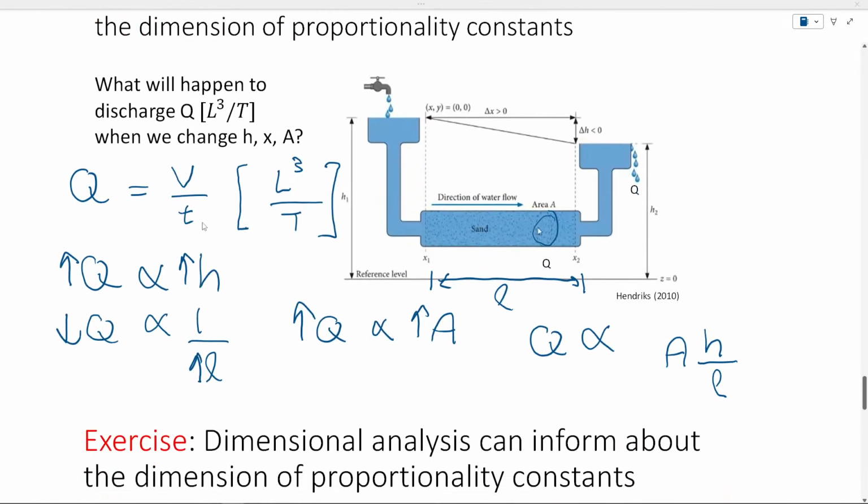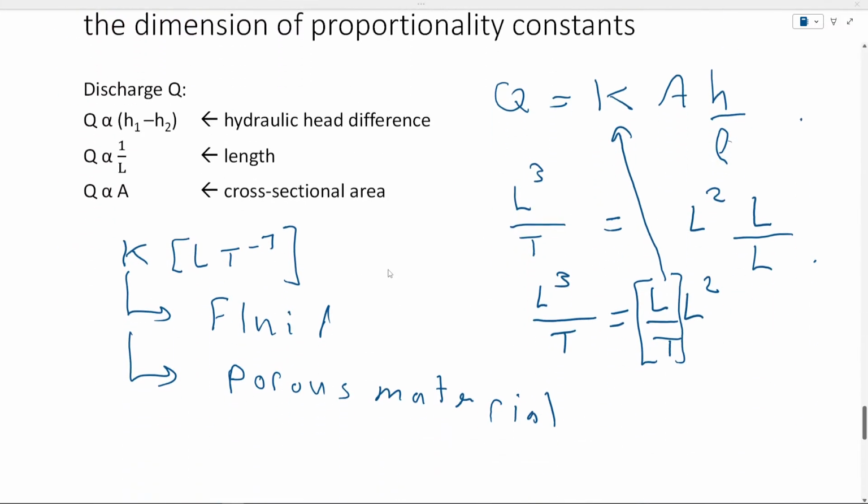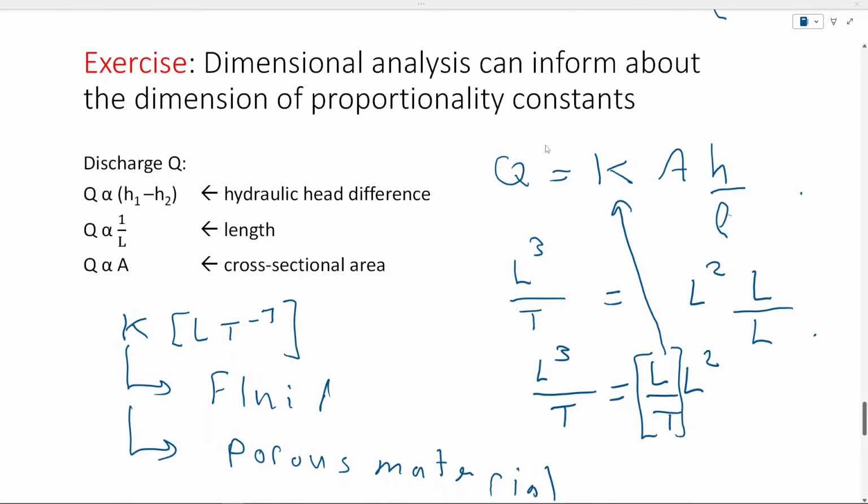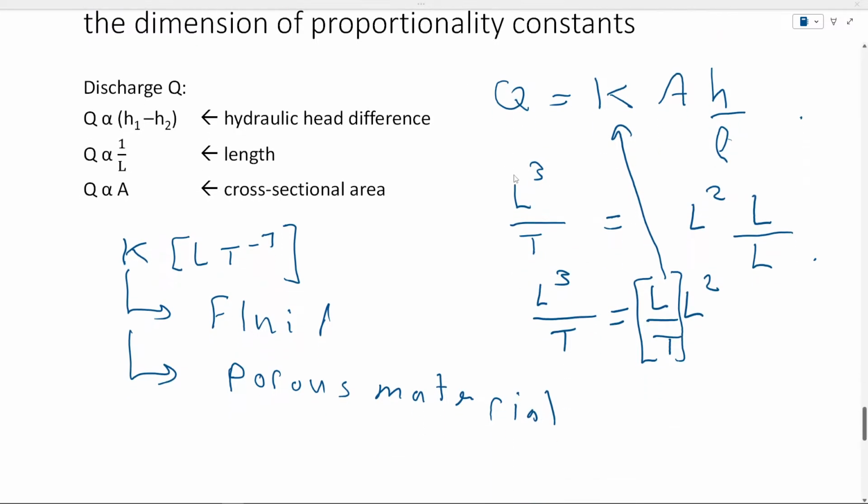Actually, what we did here is called dimensional homogeneity. Dimensional homogeneity means that the dimension on the right hand side is equal to the dimension on the left hand side. So for any physical equation, physics based equation, not empirical equation, you need to maintain dimensional homogeneity. For an empirical equation, you don't need to maintain it.